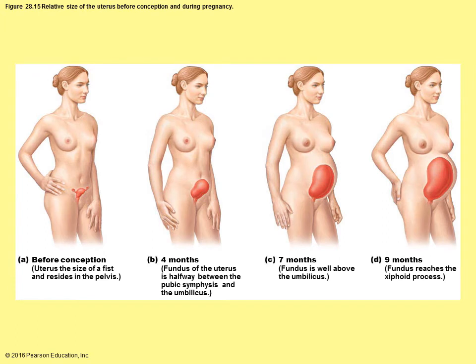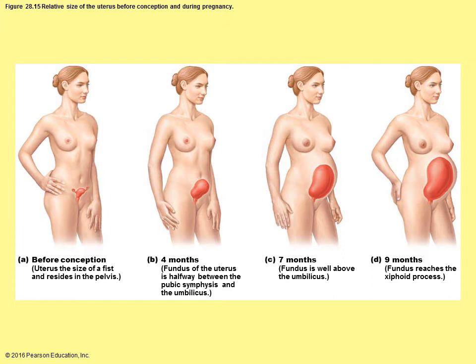In terms of the mother and development that occurs during the pregnancy, you can see in A, the size of the uterus before conception has occurred. The uterus is about the size of a fist, and it's definitely in the pelvic cavity.